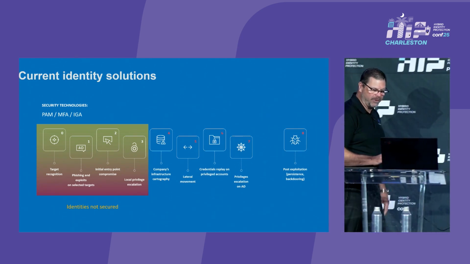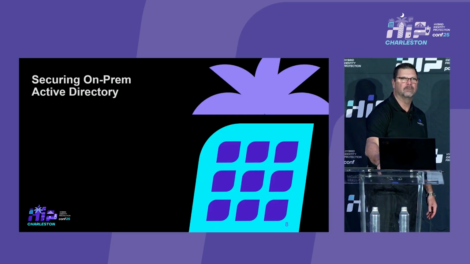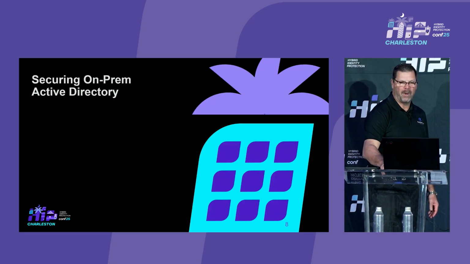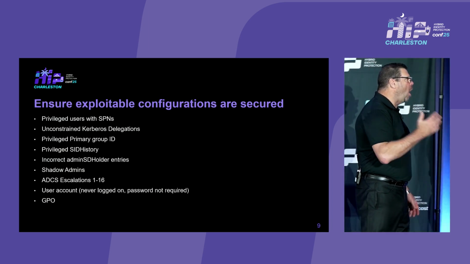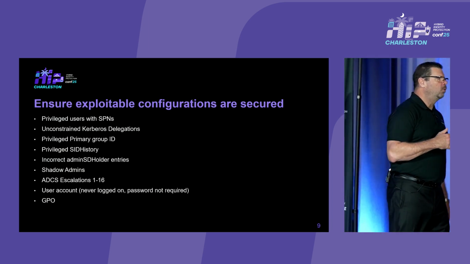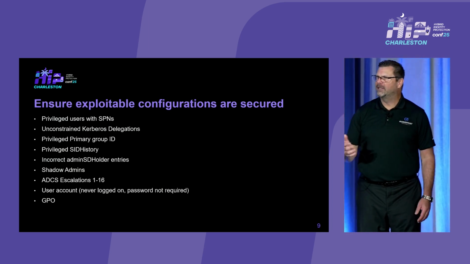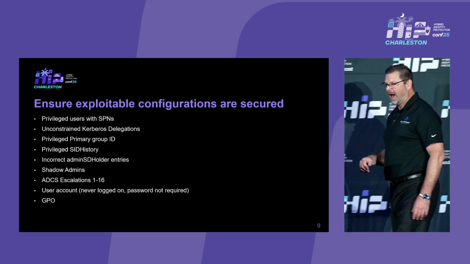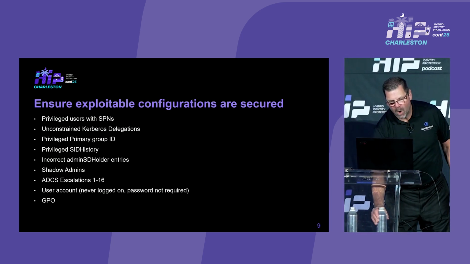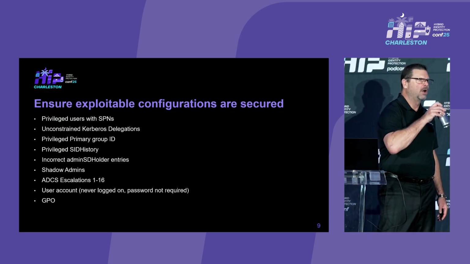Because we know every single way that an attacker can get in. All right, let's talk about some of those ways. This is a list that I always go to when talking about core Active Directory security. And when I go into an organization, I find most of these configurations are not secure.